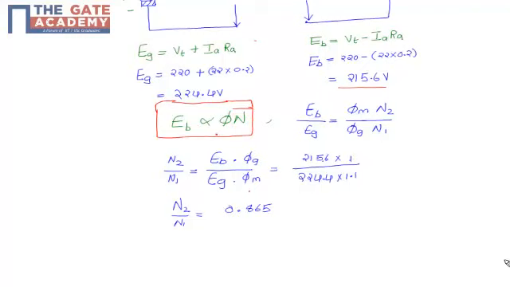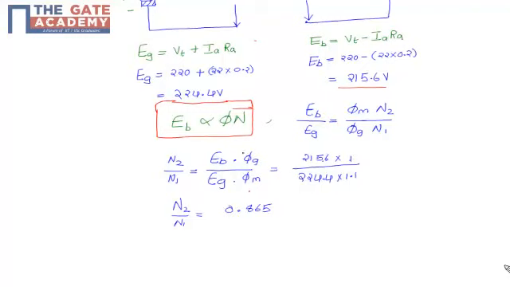We can write Eb is equal to phi m into N2, and Eg is equal to phi g into N1. From here Eb by Eg is equal to phi m N2 by phi g N1. We want to calculate N2 by N1, which is equal to Eb into phi g by Eg into phi m.